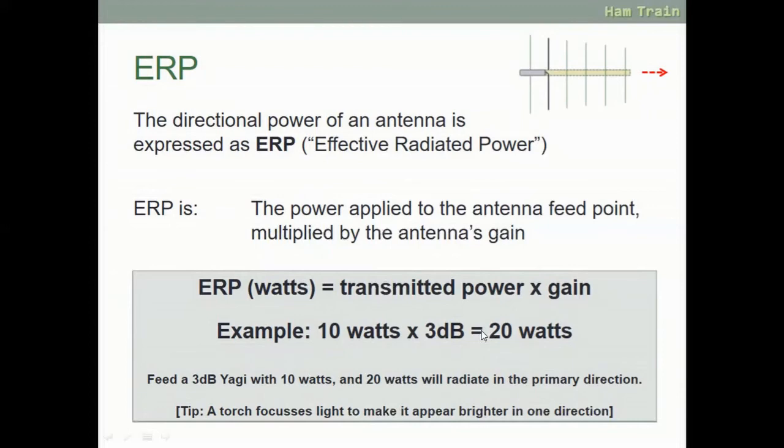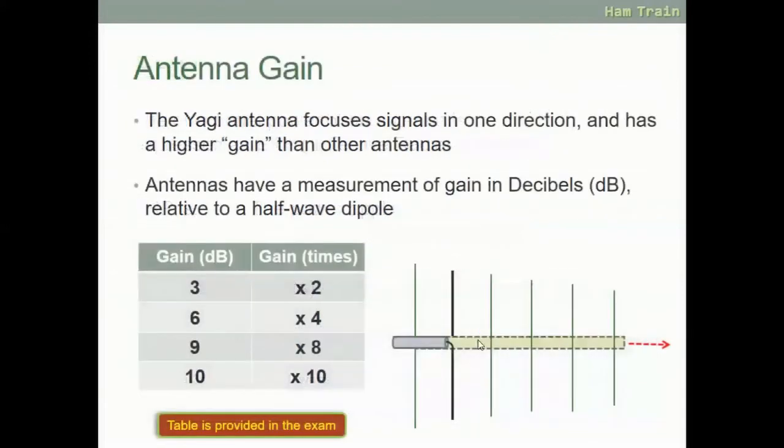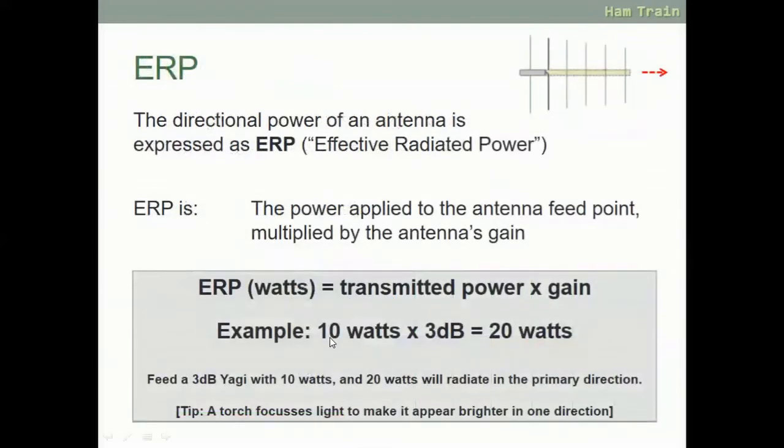But the reason it equals 20 is if we go back to the previous slide, the gain is actually times 2 when it's written as 3 decibels. So if it's 3 decibels, it's twice the amount. So when 10 is multiplied by 3 decibels, you're actually multiplying it by 2. So it's 10 times 2, which is why we get 20.